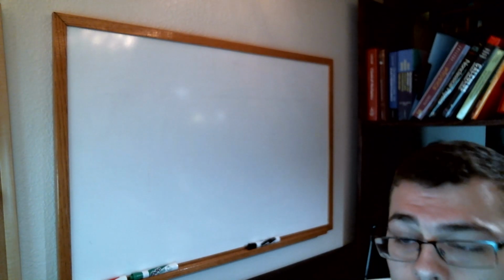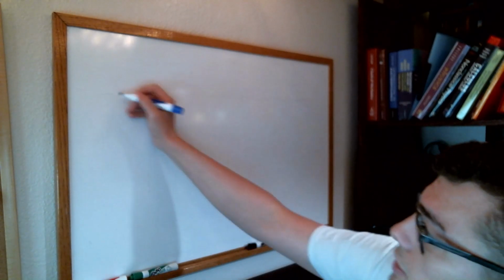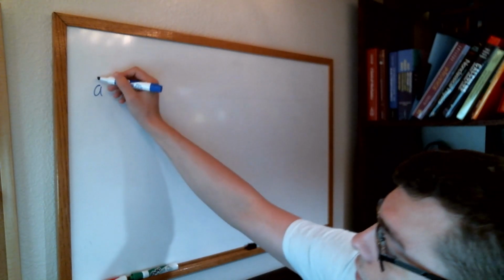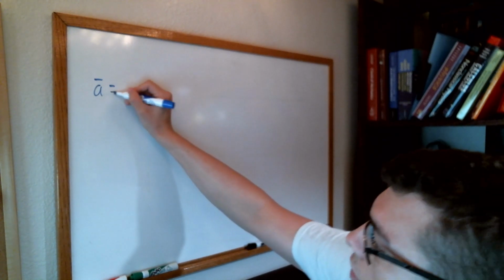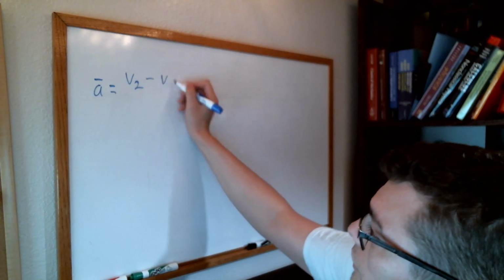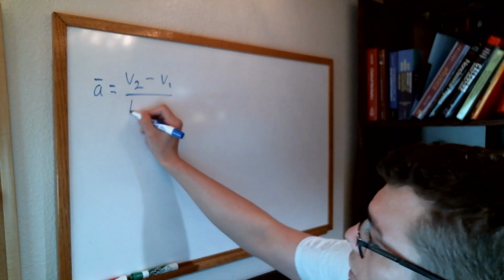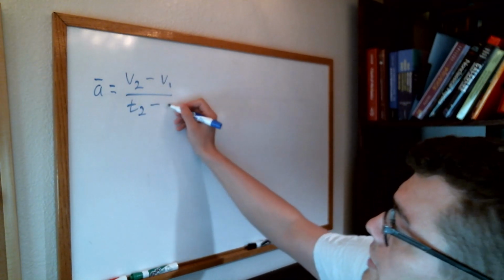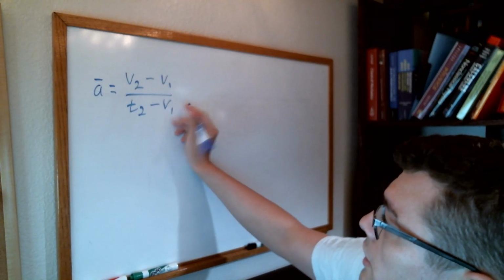Okay, so the process for finding average acceleration is quite similar to the process for finding average velocity. You have a bar, which is equal to v2 minus v1 all over t2 minus t1.